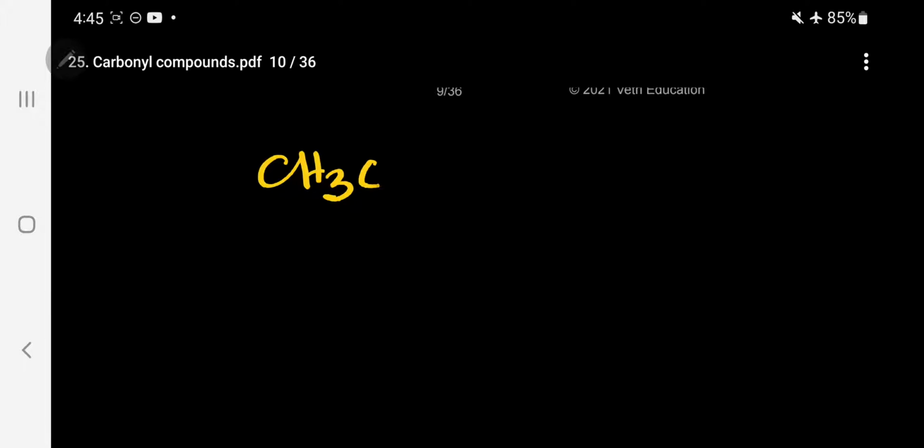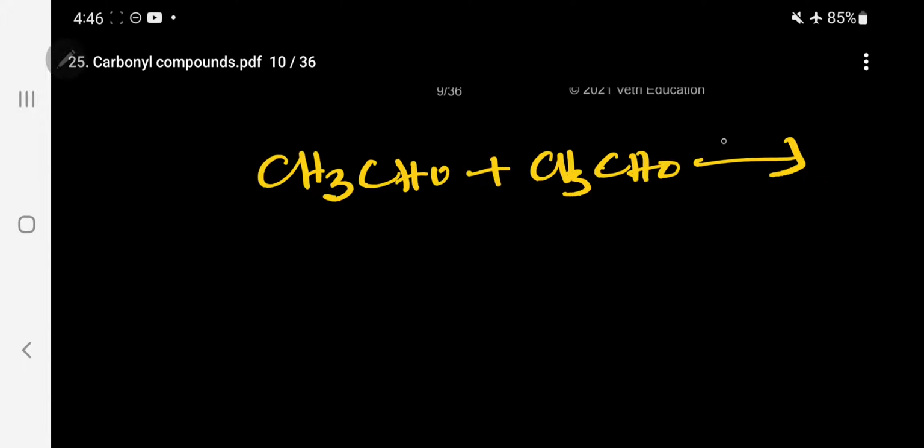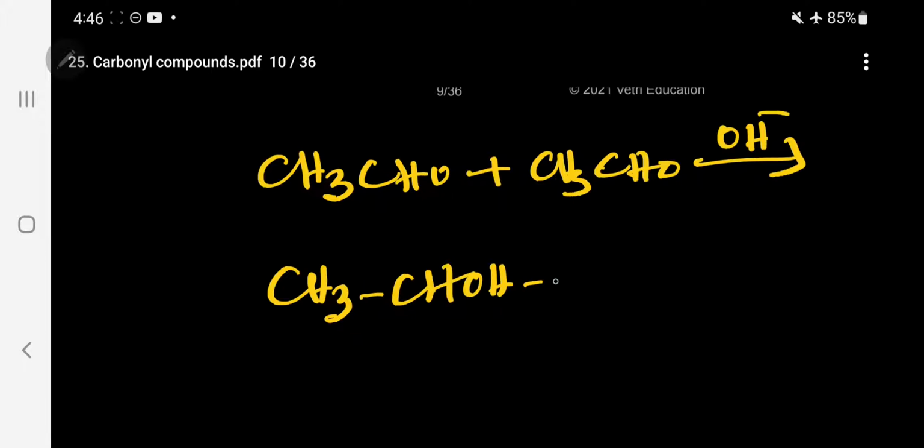Normally, as given in our book, 2 molecules of acetaldehyde in the presence of a base, sodium hydroxide or potassium hydroxide, undergo the reaction to give CH3CHOHCH2CHO.